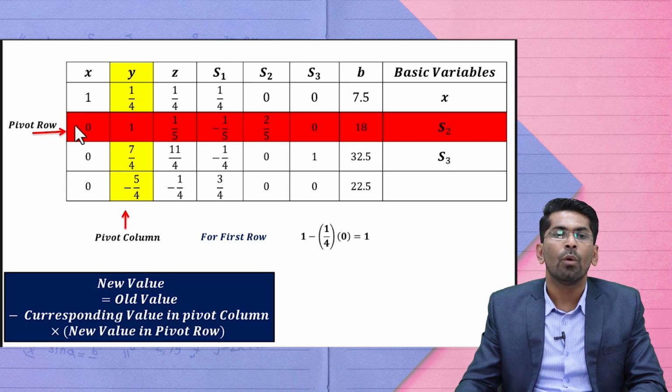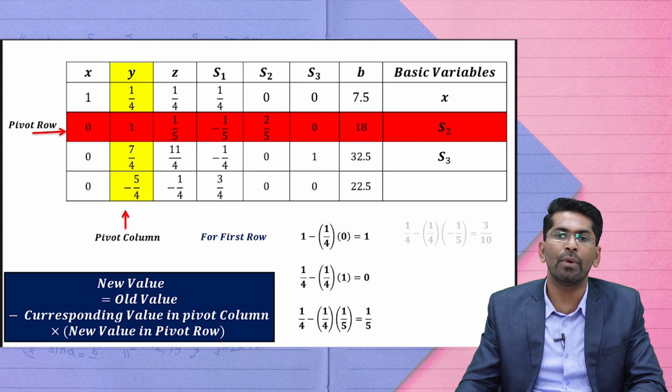So it will become 1 minus 1 by 4 into 0, which is equal to 1. Then the second one, that is 1 by 4 minus 1 by 4 into 1, which is equal to 0. Then we have 1 by 4 minus 1 by 4 into 1 by 5, which is equal to 1 by 5.